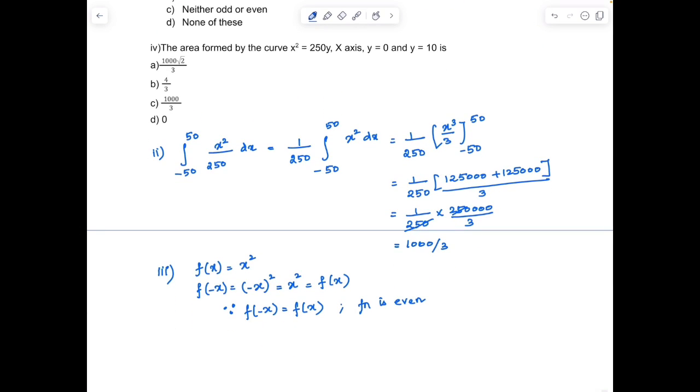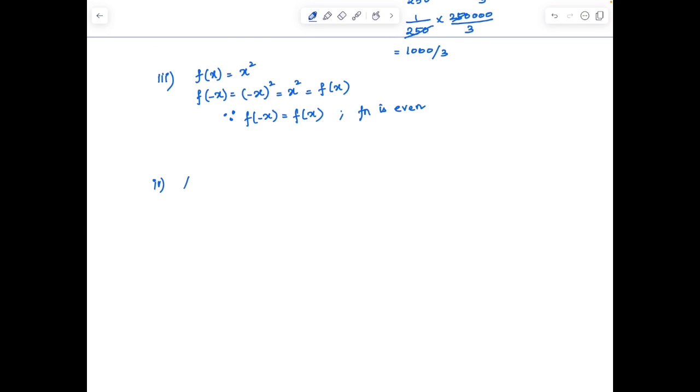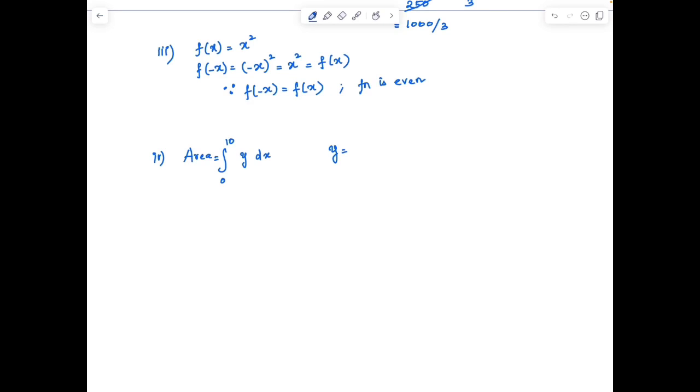Subdivision 4. The area formed by the curve x square is equal to 250y, x-axis, y is equal to 0 and y is equal to 10 is: area is equal to integral 0 to 10 of y dx, y in the form of x, y is equal to x square by 250.